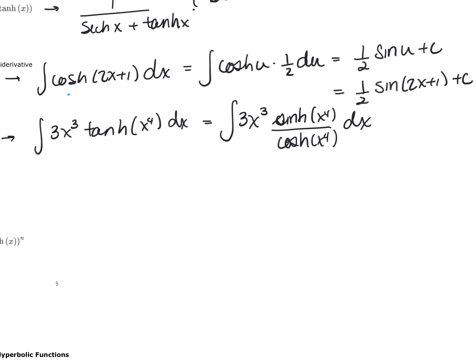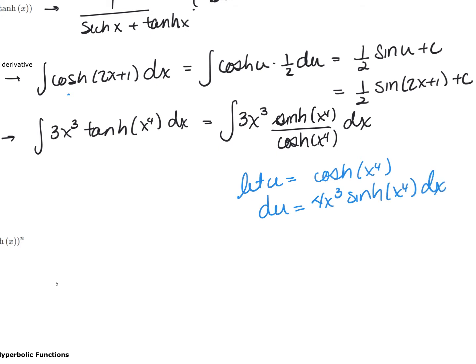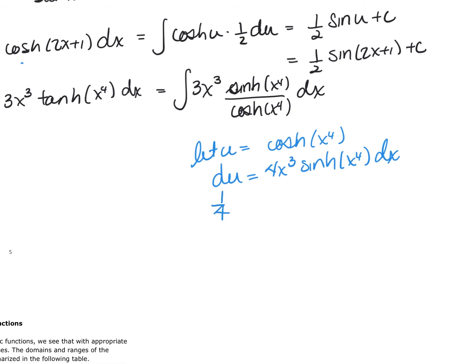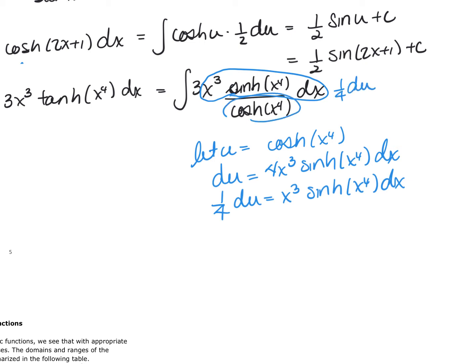So I'm going to say let u equal the hyperbolic cosine of x to the fourth. That means du is going to be 4x to the third hyperbolic sine of x to the fourth dx. And you can see I'm missing that 1/4, so I have 1/4 du is equal to x to the third, the hyperbolic sine of x to the fourth dx. So that part right there all gets replaced with 1/4 du, and this gets replaced with u.